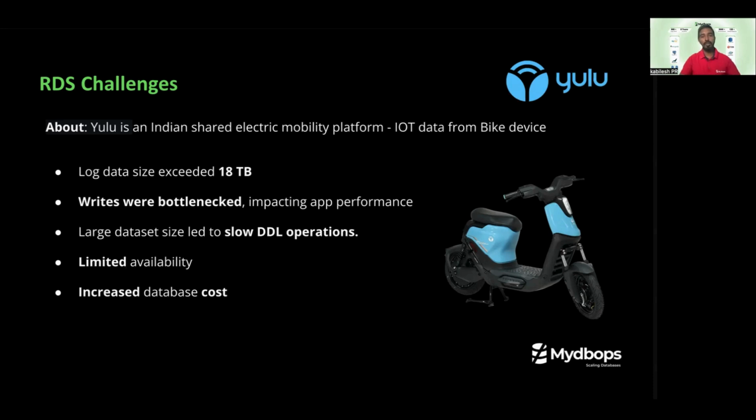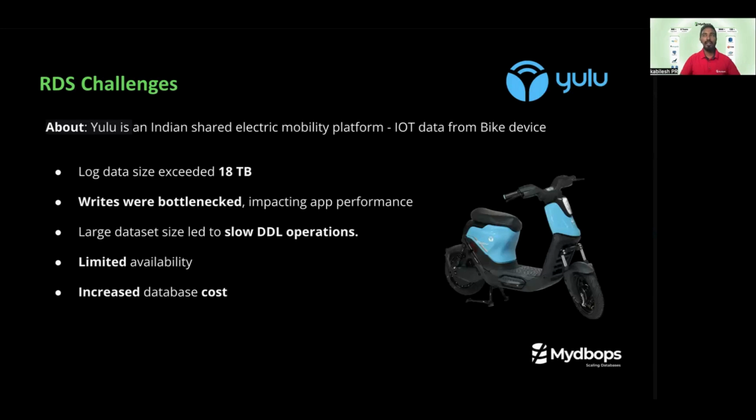The log data is because each Yulu bike has an IoT device that sends information back to the grid, like their journey information, their battery information, what distance was traveled, whether it is in a resting period. So multiple health information regarding the bike is being sent. That is the log data. The log data alone comprises close to 18 terabytes along with the transaction data.